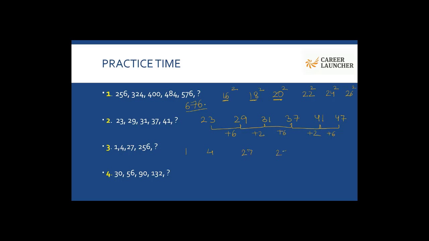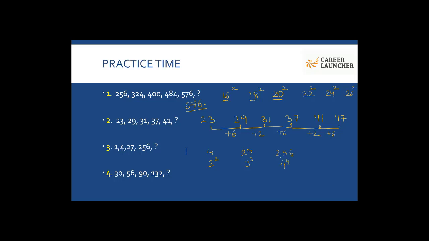Then the next series, 1, 4, 27, 256. Again, it has to do something with squares and cubes, because we can see a couple of squares and a couple of cubes here, because 4 is 2 square, whereas 27 is 3 cube, and 256 happens to be 4 to the power 4.